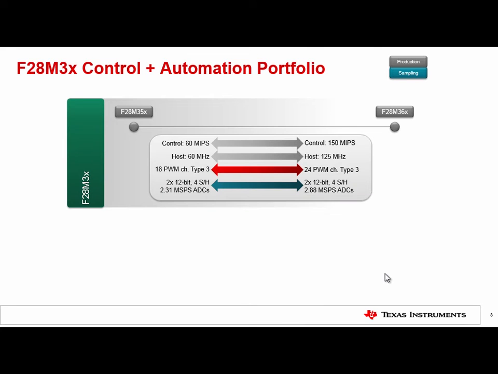There are two distinct devices in these portfolios, and you'll see the performance ranges all the way from 60 MIPS for your control, and it ranges all the way up to 150 MIPS. For your host processor, so this would be your ARM Cortex MCU, you have 60 megahertz all the way to 125 megahertz. And like I mentioned, these also include the actuation and sensing peripherals, which all C2000 devices include today.